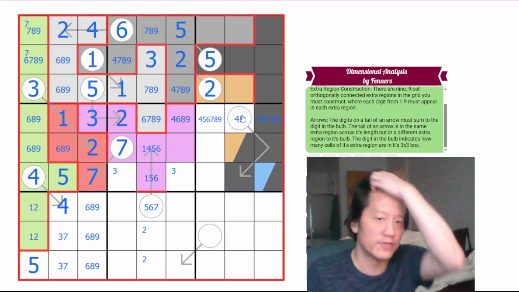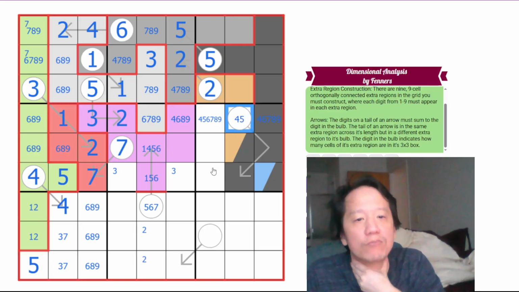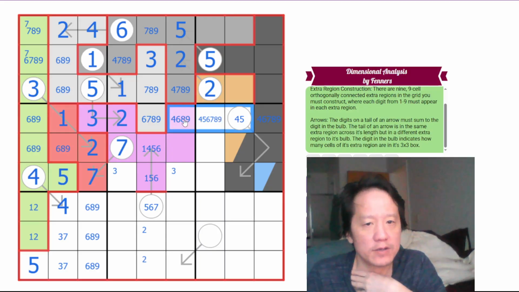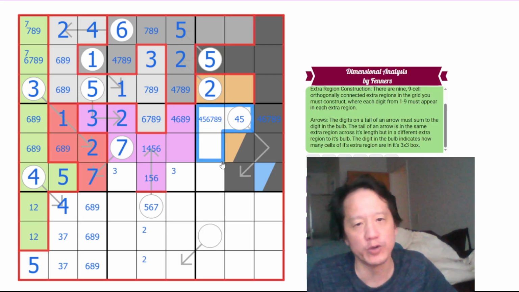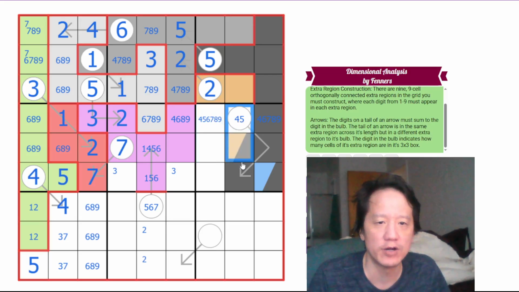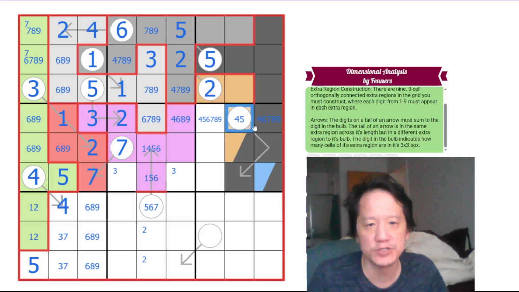It's 4 or 5 here. It cannot be part of pink. It can't be part of some other weird region, right? Because that would then block off this orange region. So it has to be part of orange. This is orange then. It can be 5 at least.